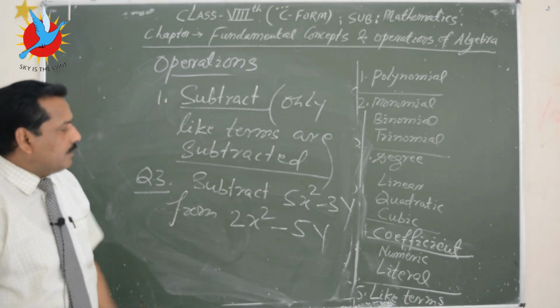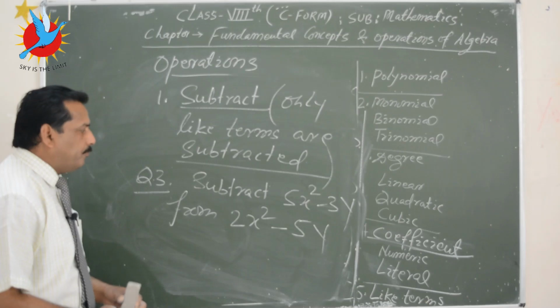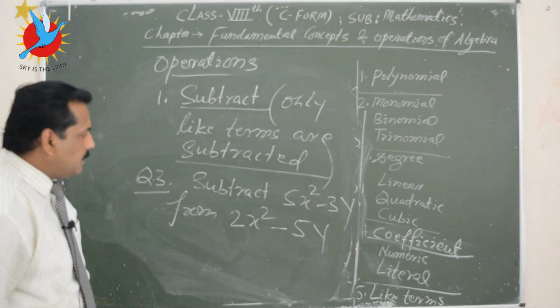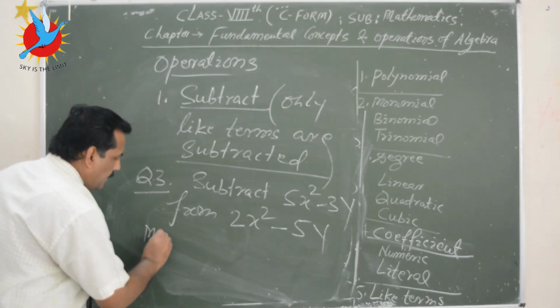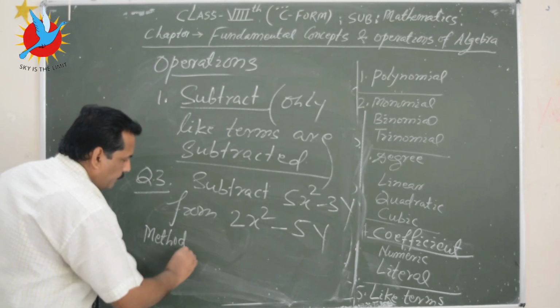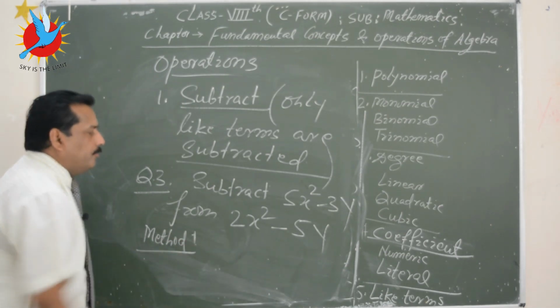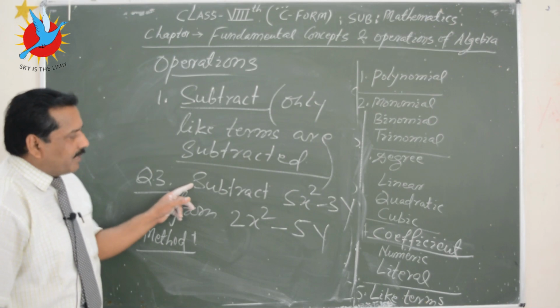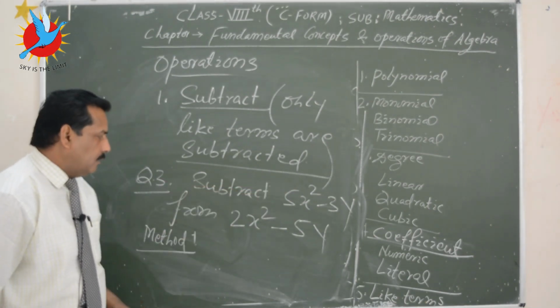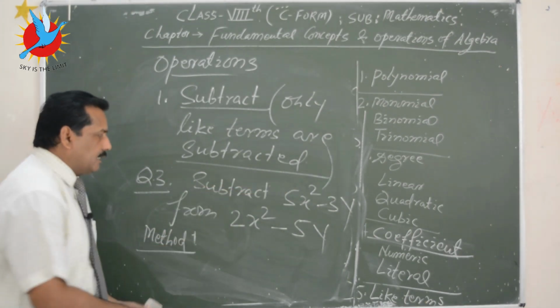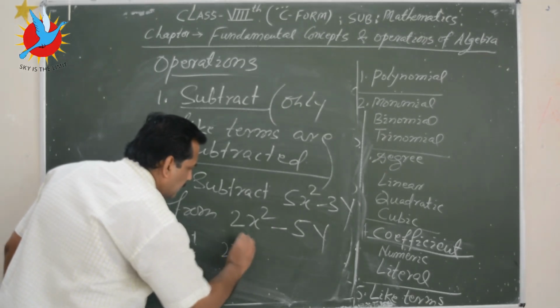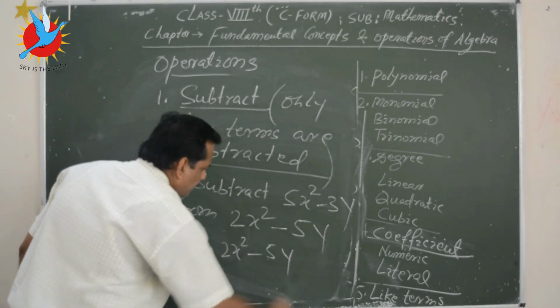So there are two methods. We can pick up either of the two methods, and I am writing here method 1, tabular form. So subtract this from this. First you write this expression 2x square minus 5y.